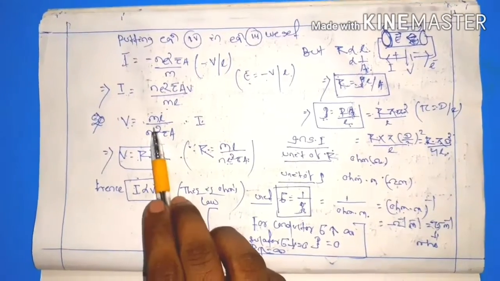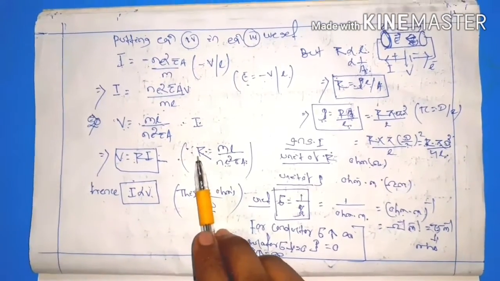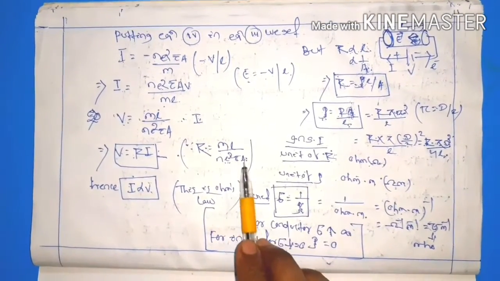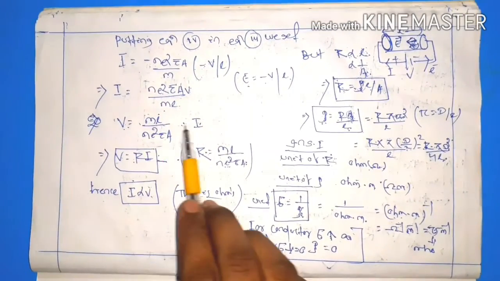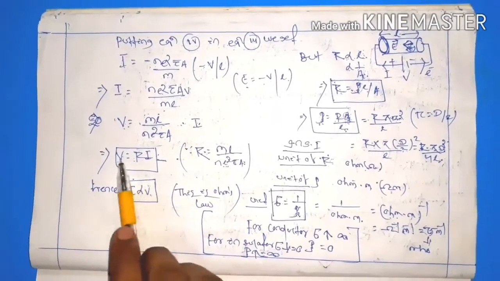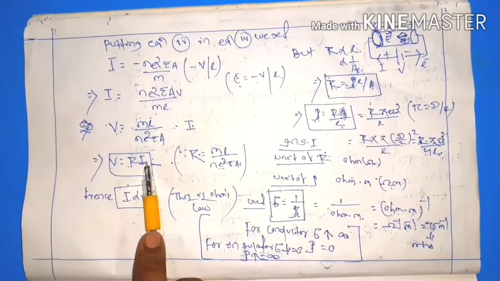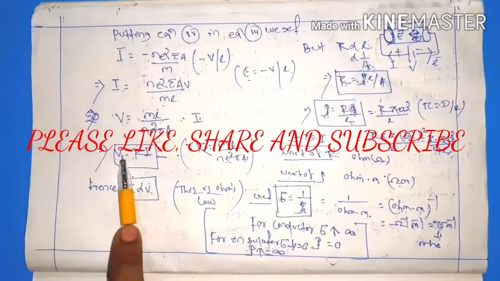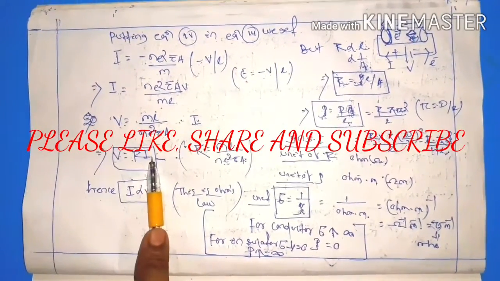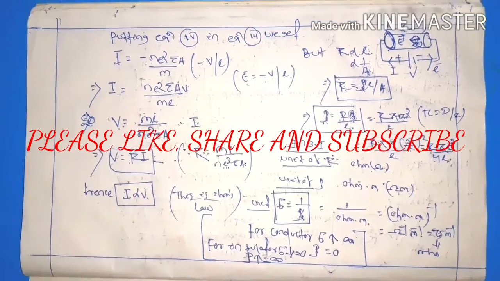In the previous chapter, we already found R is equal to m L divided by N e square tau A. So V is equal to R into I, or V is equal to IR. This is the form of Ohm's law. Hence V is directly proportional to I. This is the analytical deduction of Ohm's law.